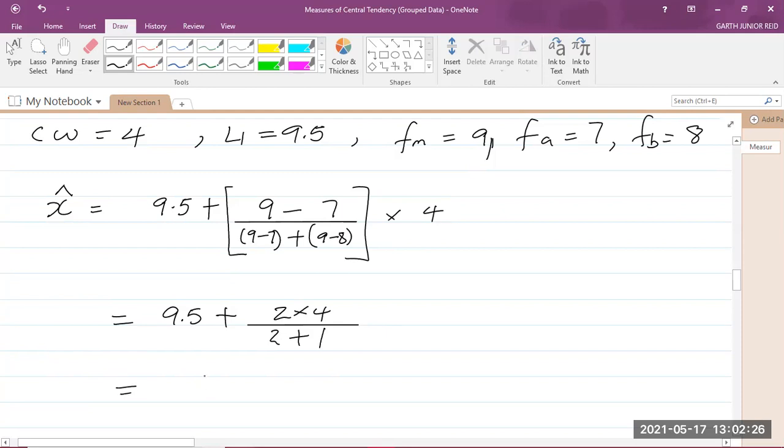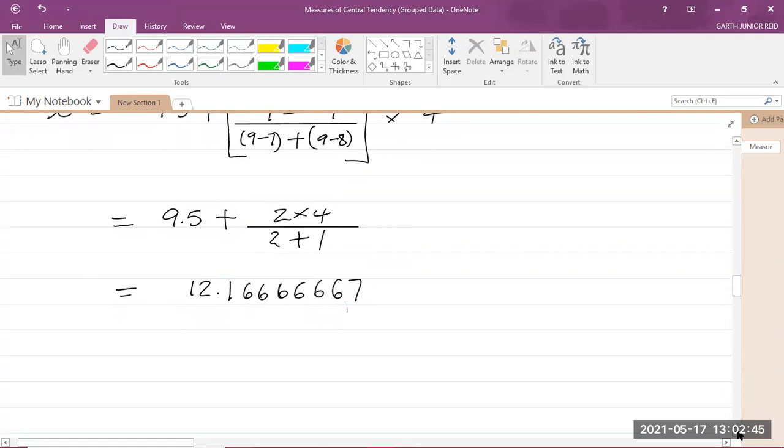This is equal to 12.1667. When we round this to 3 significant figures, we get 12.2.